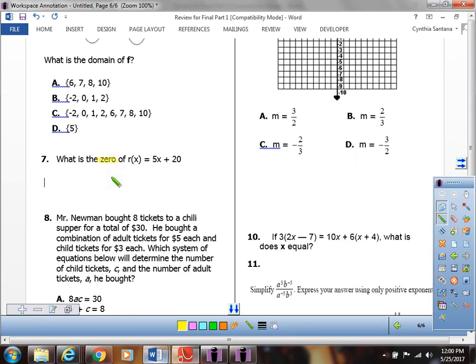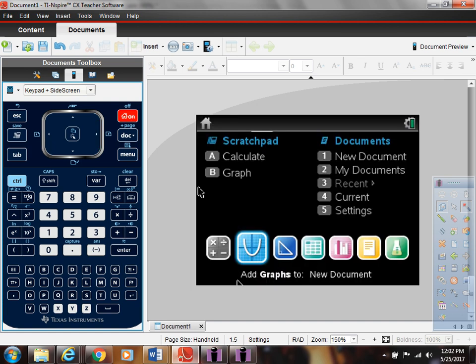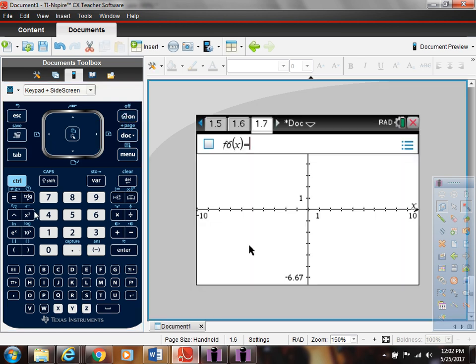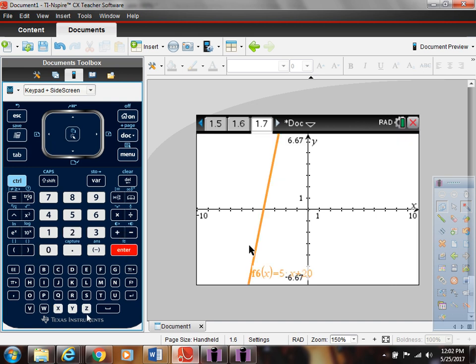What is a 0 of 5x plus 20? So remember that 0 means you can do menu 6, 1. So let's graph it and let's see where the 0 would be, which is menu 6, 1. So let's graph it. 5x plus 20. There's your line.